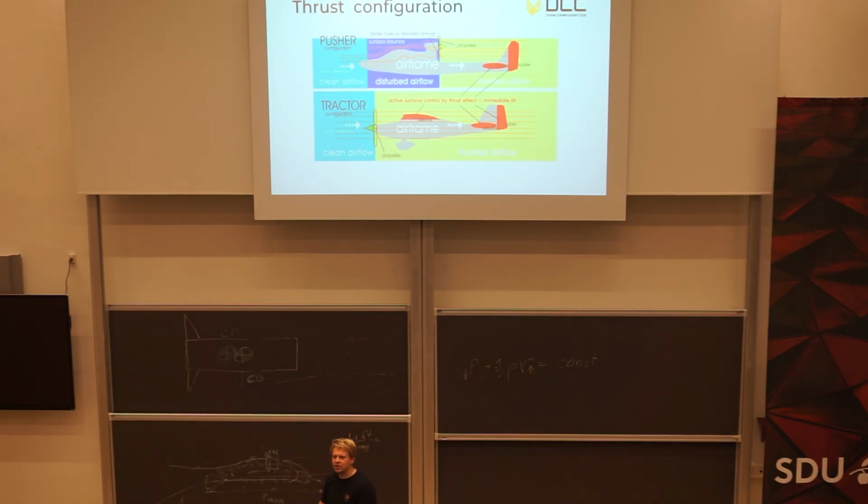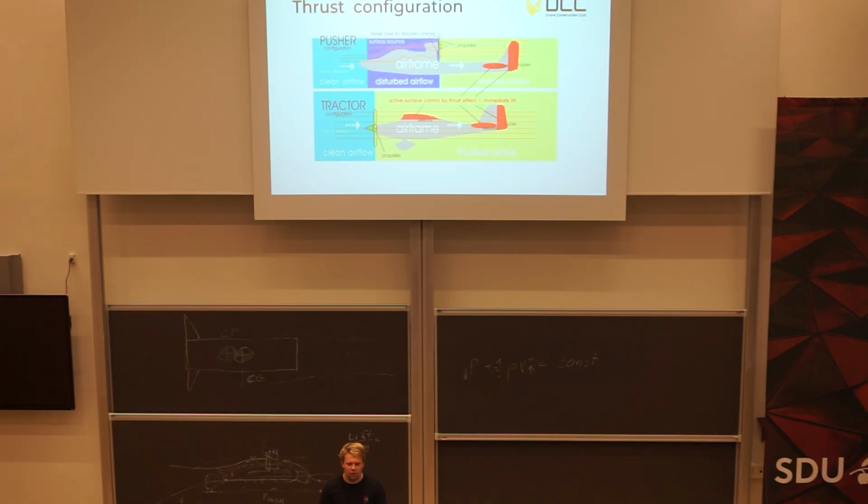Thrust configurations, you're going to have the motor or the propeller in front. It's a tractor, we usually call it a puller, or a pusher if it's in the back. On RC models and drones, you choose this depending on what you are carrying and where you want the weight, because motors are quite often one of the main components of the weight.